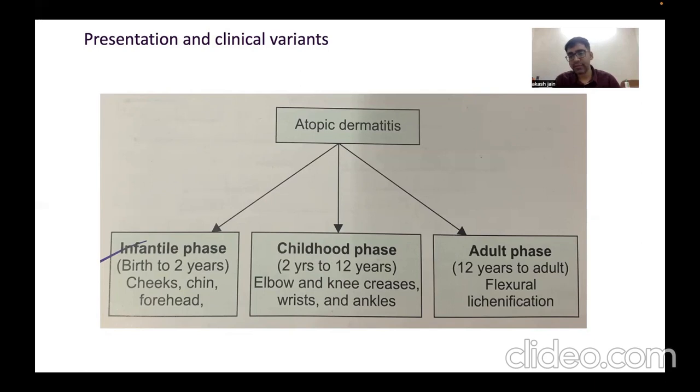In the adult phase, it is mainly seen only on the flexural sides, that is elbow and knee creases, along with lichenification. So this is a very important part of atopic dermatitis, where we classify the clinical disease into three parts: infantile phase, childhood phase, and the adult phase.